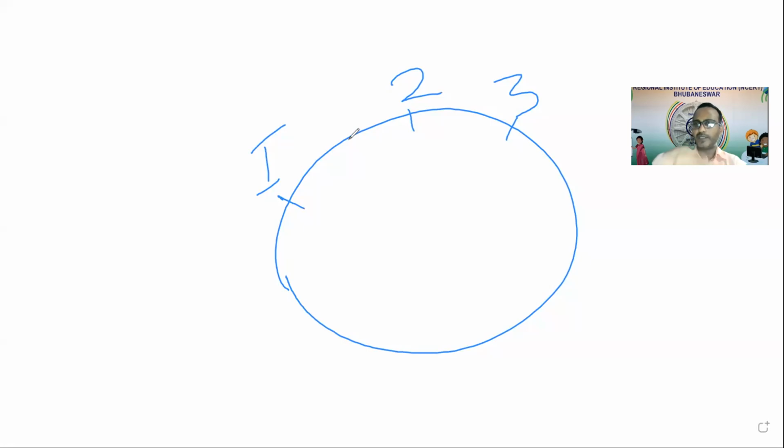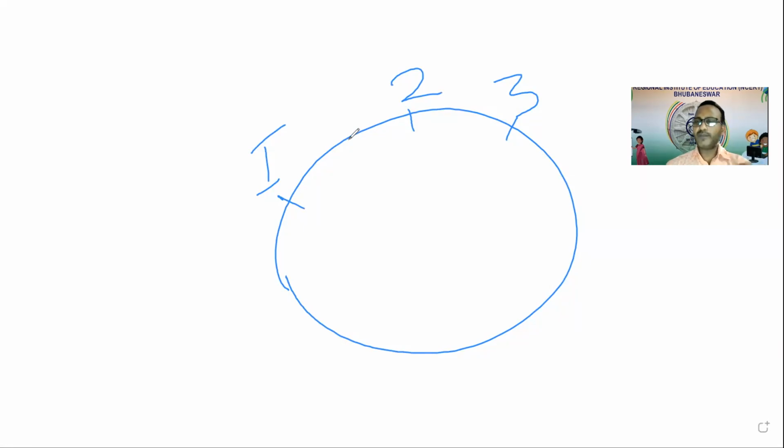You can also conclude that the third rank student is lower in capacity than the second and the first. This kind of conclusion you can make here.